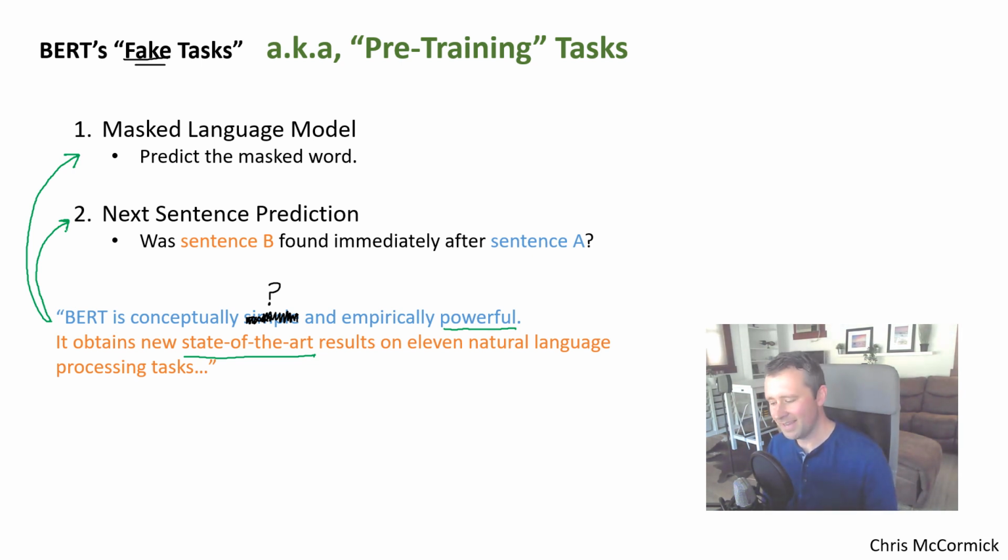So of course the clarification there is that these 2 tasks are what I like to call the fake tasks. Or the real term that we use is they're pre-training tasks.